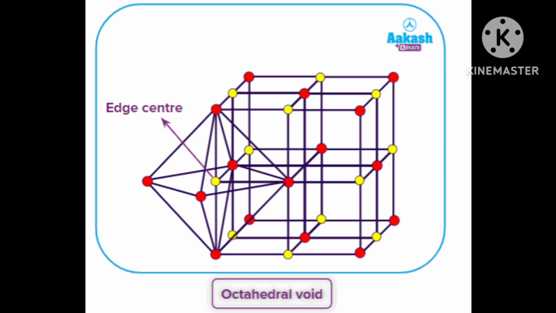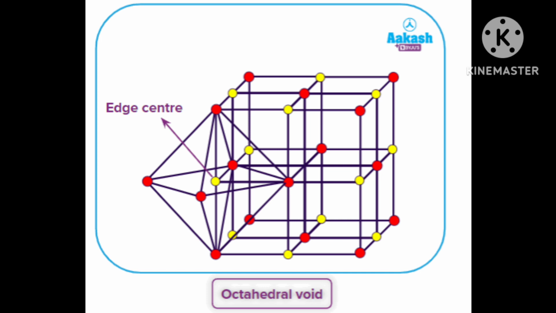1/4. Here I told you only 1/4 of each void belongs to a particular unit cell. Correct? Because 4 unit cells are required to make one void.